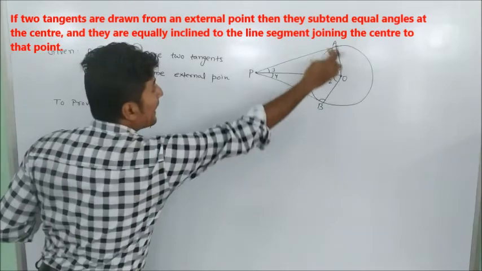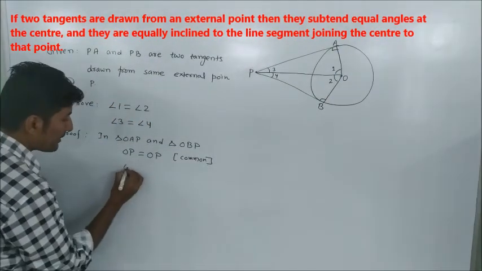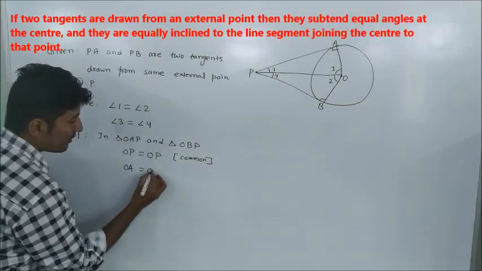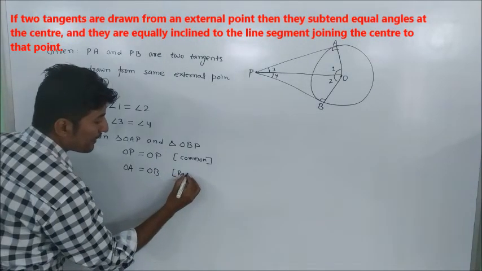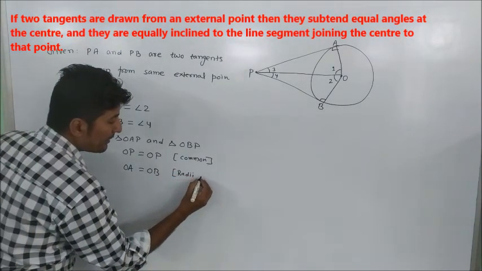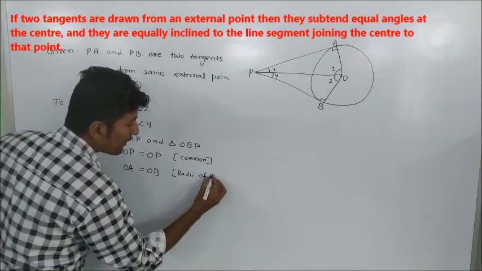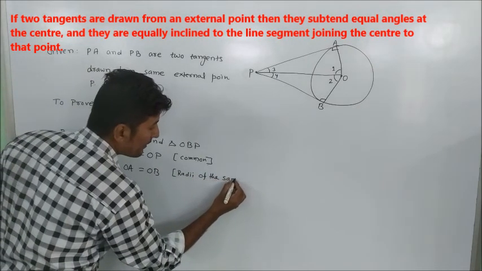Now OA and OB will be equal. OA equals OB because these two are the radii of the same circle.